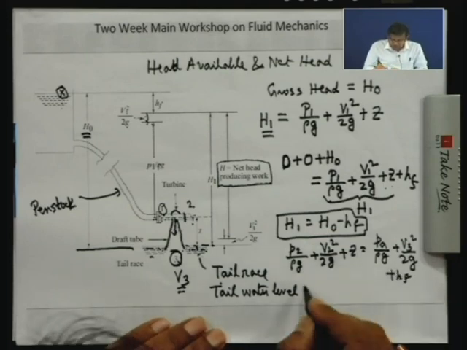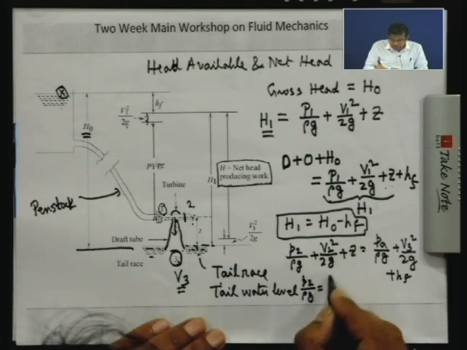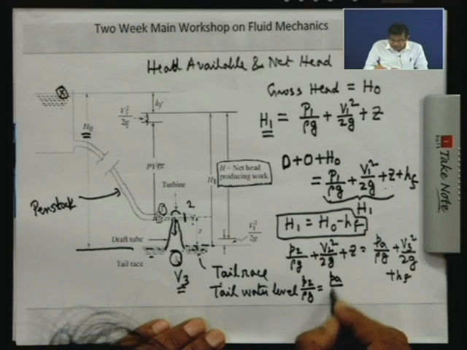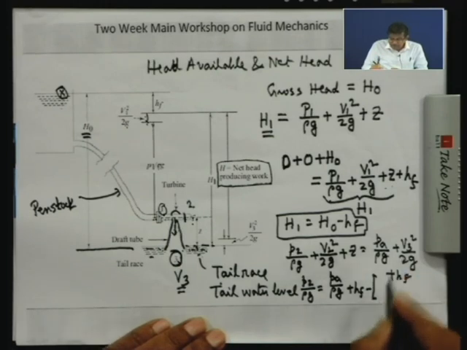Therefore, P2 by rho g becomes PA by rho g plus HF minus Z minus V2 square minus V3 square by 2g.